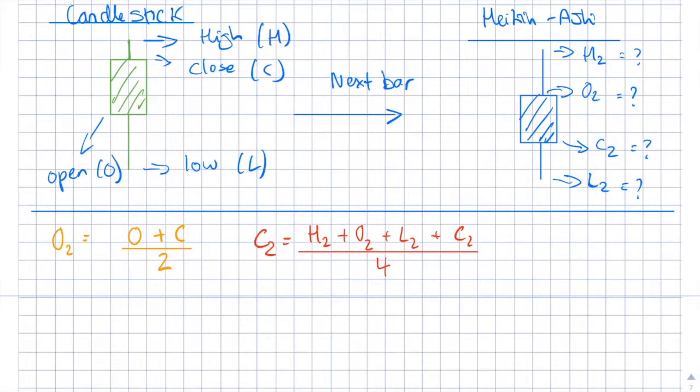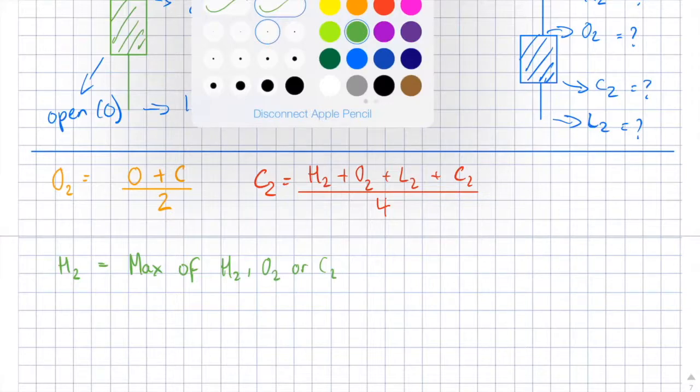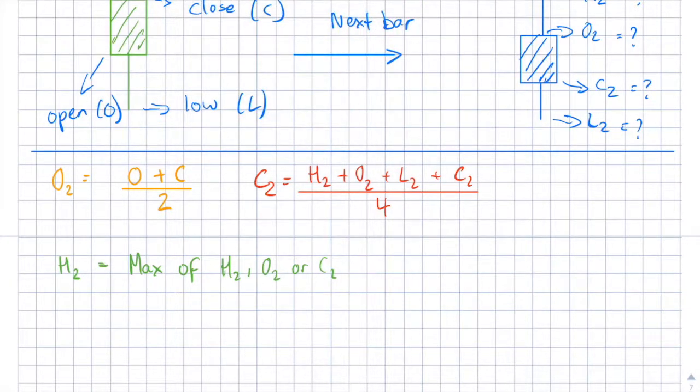The high of the Heikin Ashi is the maximum of H2, O2, or C2, whichever one is the highest. And the low of the Heikin Ashi is the minimum of L2, O2, or C2, in other words, whichever is the least out of the low, the open, or the close. So that's really how you work it out.